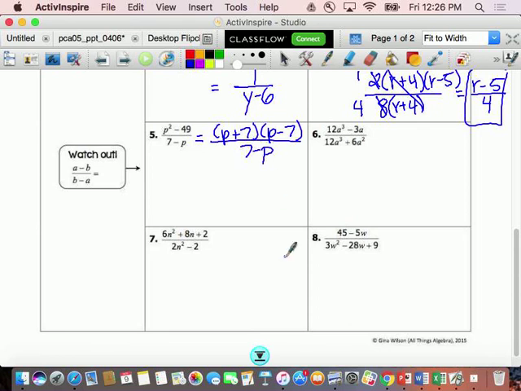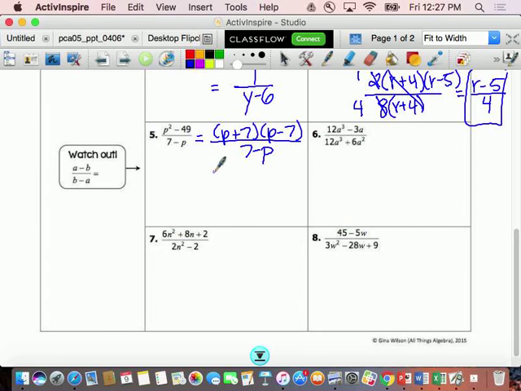Now we desperately want to cancel out p minus 7 and 7 minus p and be done with this problem. But p minus 7 is different from 7 minus p. They're opposites. But I still want to cancel them out. So guess what I do? I factor out a negative 1 from the 7 minus p.